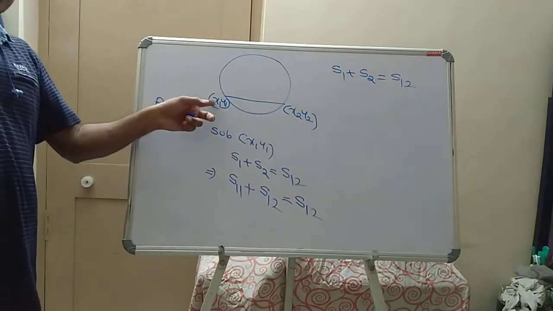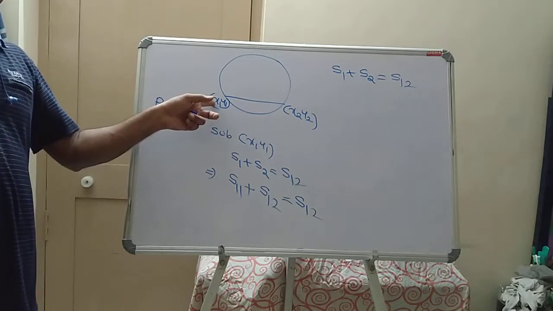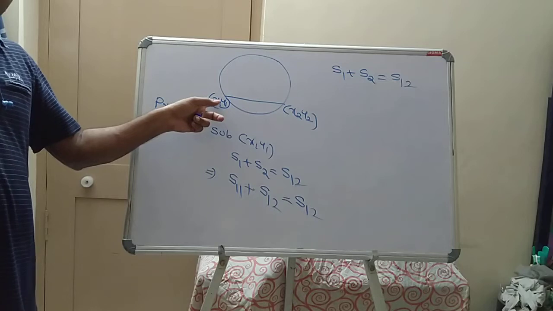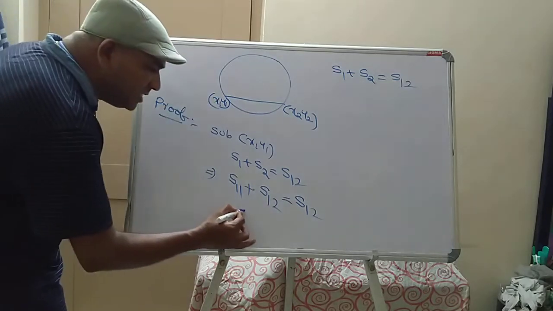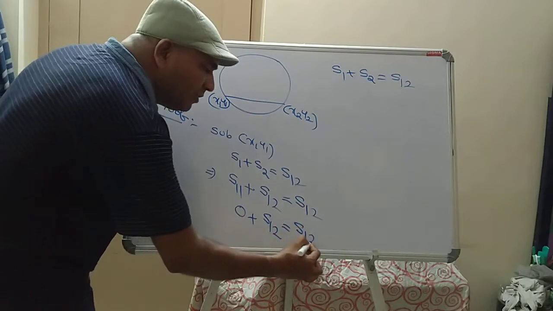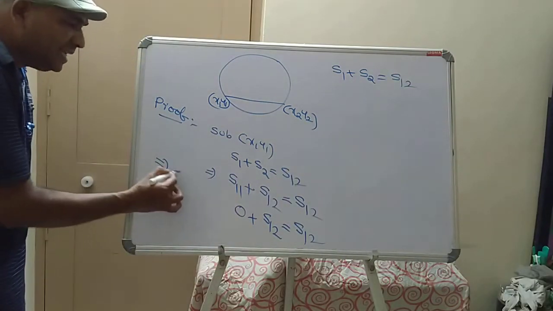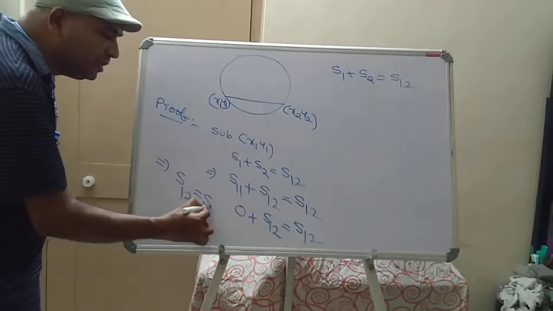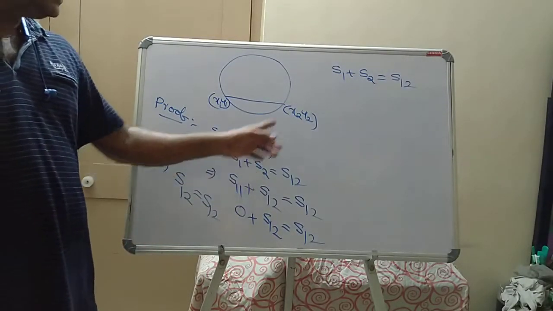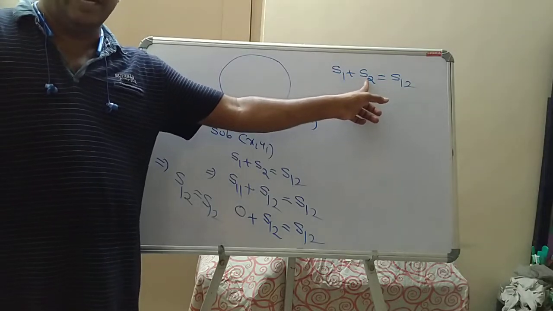But (x1, y1) lies on the circle, so S11 = 0. That means 0 + S12 = S12, so S12 = S12. So (x1, y1) satisfies this equation.